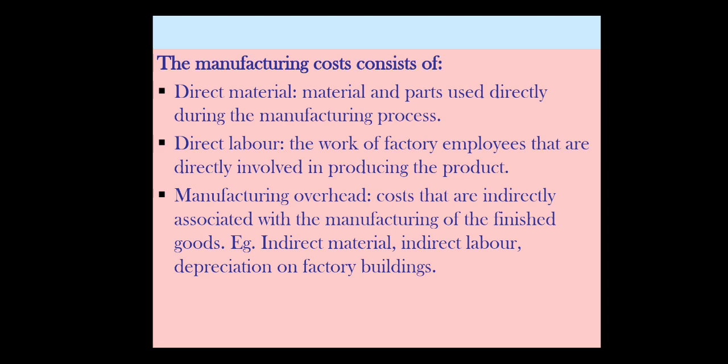After that, if you want to produce the product, you need workers. You need workers to process the material. And then also maybe you need machines or equipment. You need the building and several more things, so that your factory can produce the frozen food.